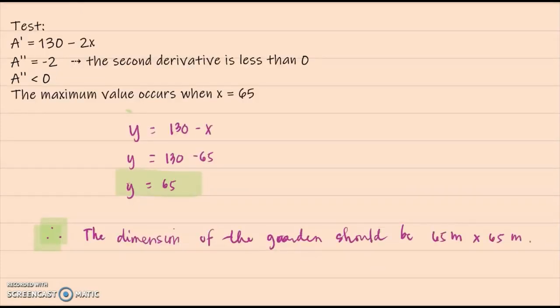Meaning to say our garden is a square, and a square is a rectangle. So that's it. That's how to basically solve optimization problems.